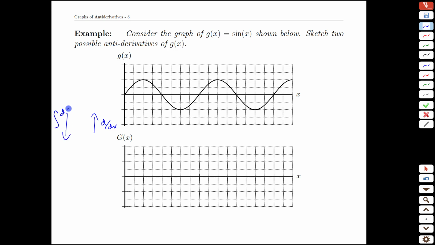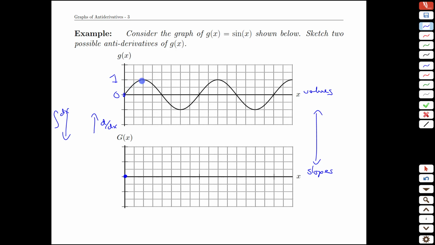If we integrate with respect to x, that's moving from this graph to this graph. If we differentiate, we're moving from the graph on the bottom to the graph on the top. And as we said before, the values on the graph up top translate to slopes on the graph below. So we pick a starting point. And on that starting point, there's a zero value.